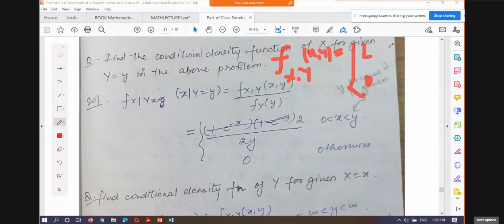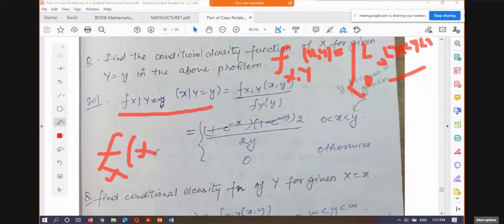This is the kind of definition we have: 0 less than x, less than y, less than 1, and 0 otherwise. So this is the joint density function given in the earlier example, and we have to find the conditional density function of x given y equal to small y.